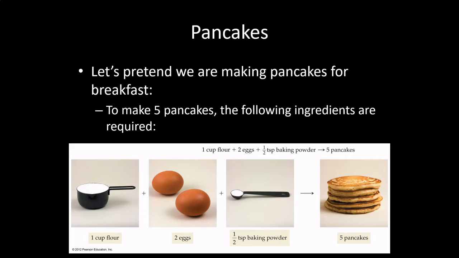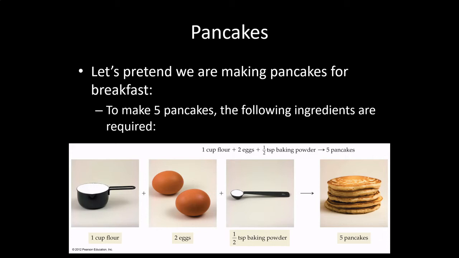Overly simple, probably, but just to keep things fairly simple here, we're going to go with it. And the recipe says that if you mix 1 cup of flour, 2 eggs, and a ½ teaspoon of baking powder, and cook that, you will get, as a result, 5 pancakes.